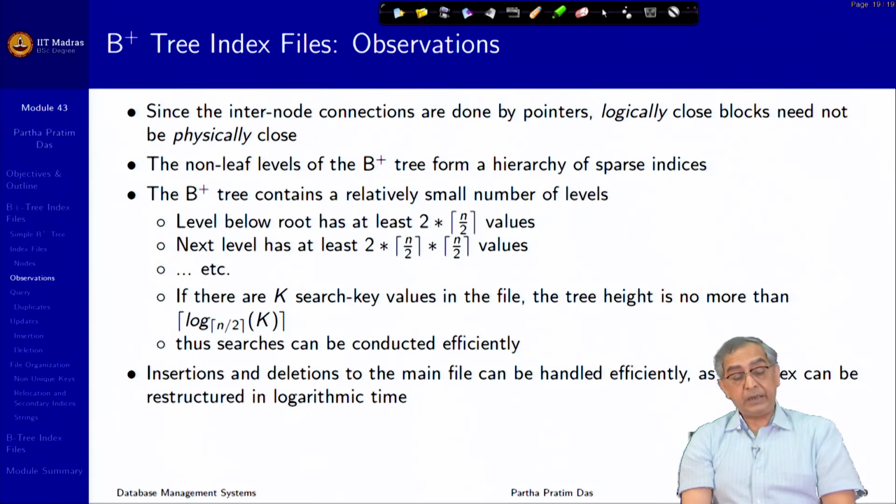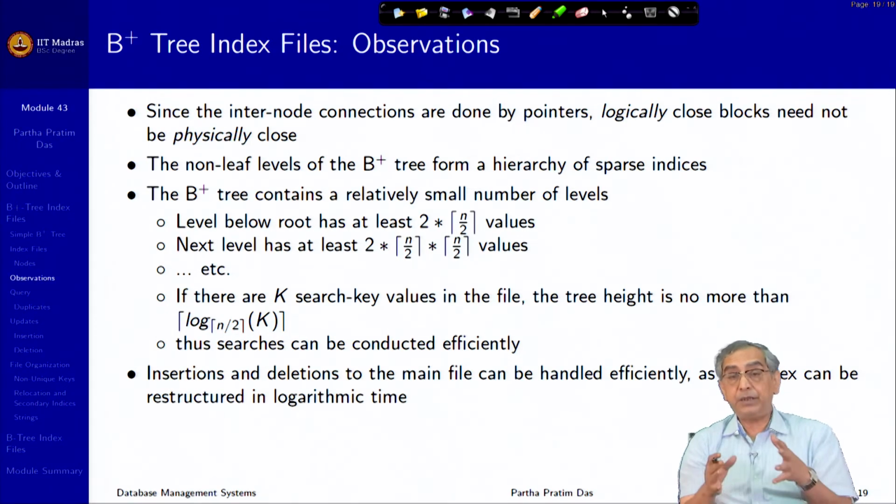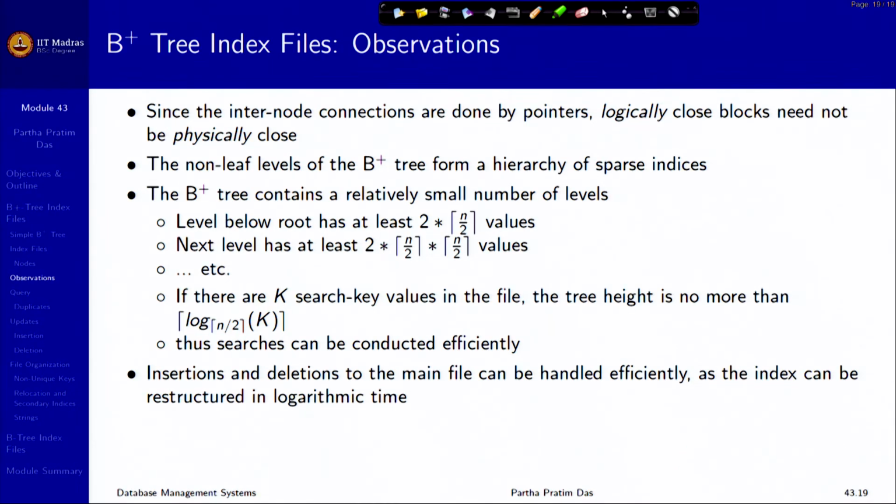You see that the internode connection is being done by the pointer. So, whatever is logically close does not need to be physically close. Logical closeness is what we need for answering queries, where values are close and so on.